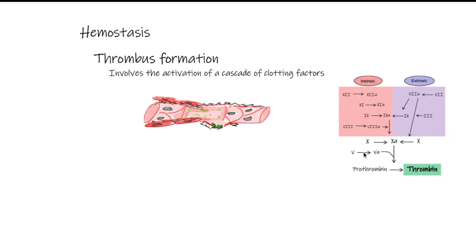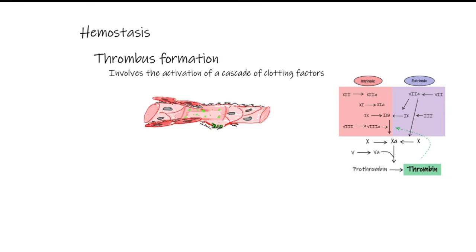Factor 10, in addition to some other factors, will then eventually result in the activation of prothrombin into thrombin. And thrombin is the critical key step in this thrombus formation. One thing that thrombin will do is it will actually feed back into this clotting cascade, resulting in additional production of thrombin.